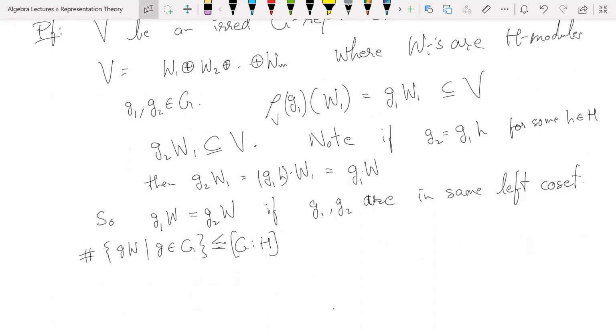And what about W1? If you look at the subspace generated by these GW1, what can we say about this subspace?